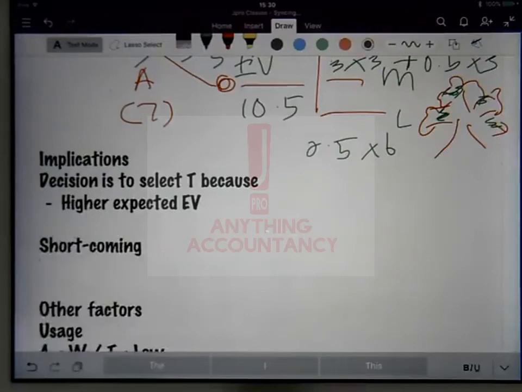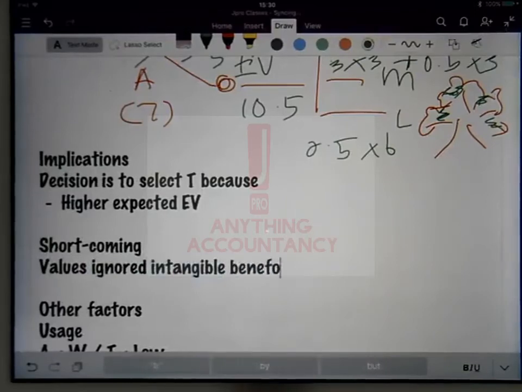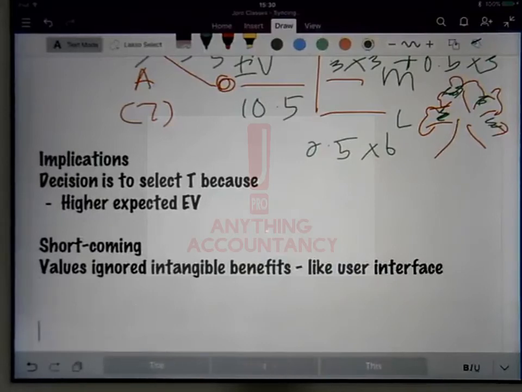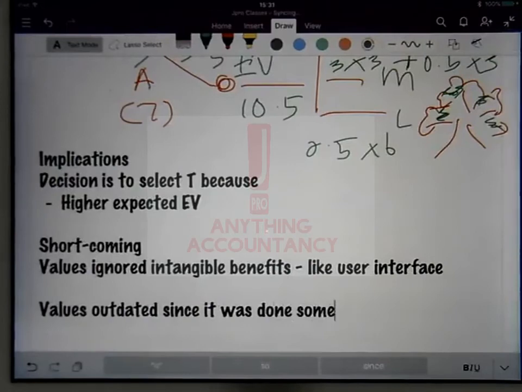Shortcoming. Next page. What's the shortcoming? Number one, you go back to the words there. Values ignored. Intangible benefits like user interface. Some more values outdated since it was done some time back.